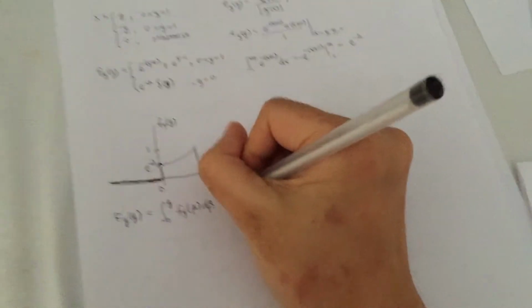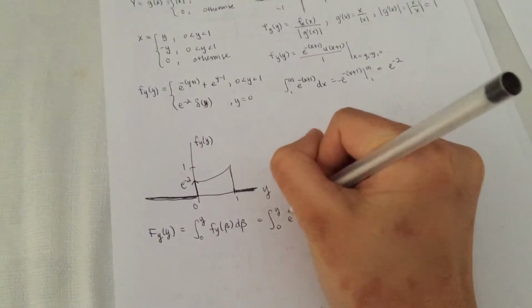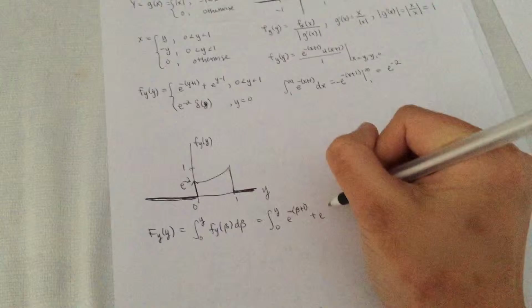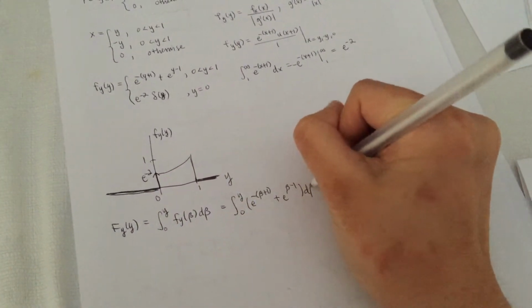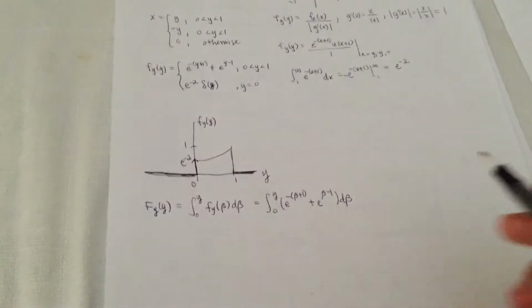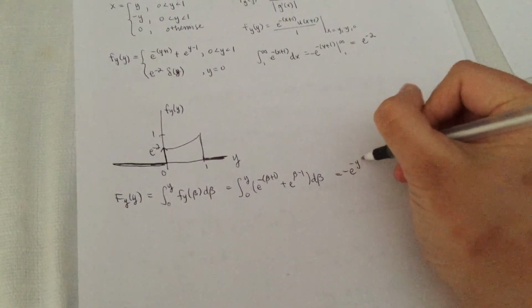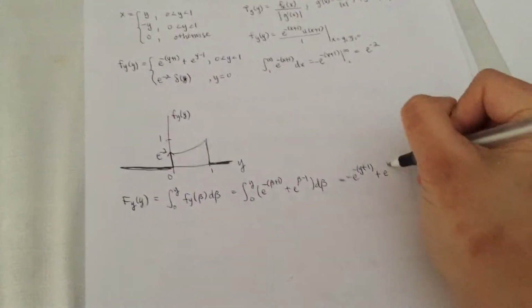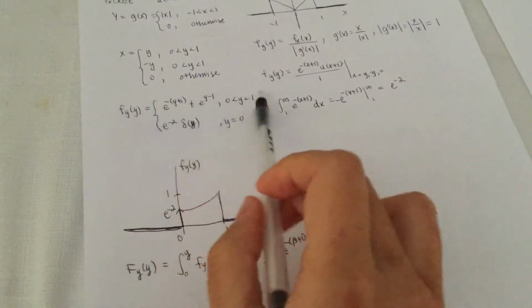So we get the integral from 0 to y of e to negative beta plus 1 plus e to the beta minus 1. So after we do the work out here, we actually find this to be negative e to the negative y plus 1 plus e to the y minus 1. So that's just for this part.